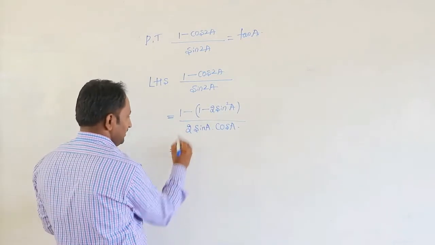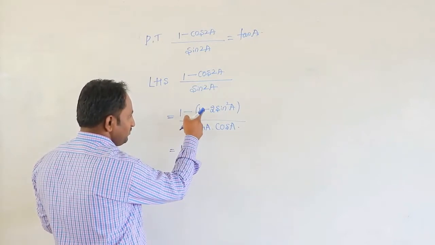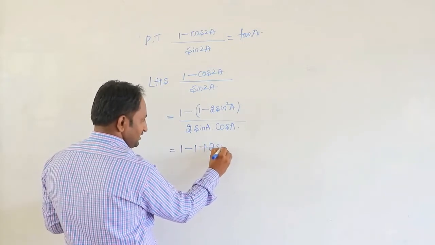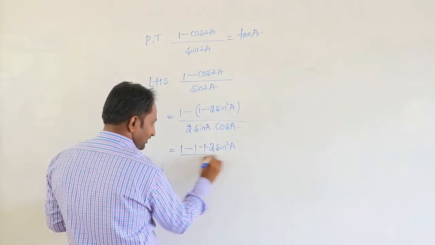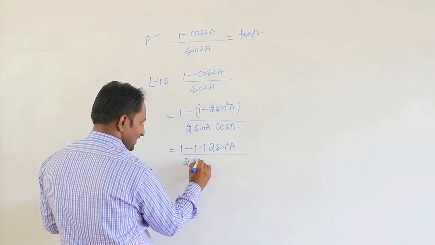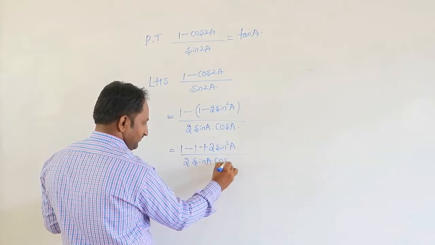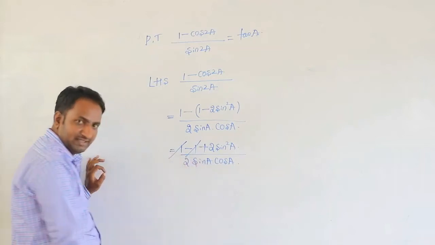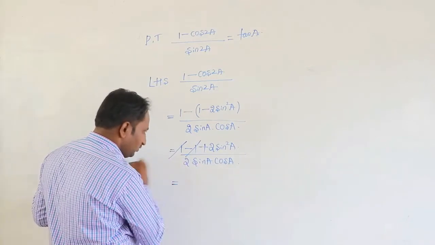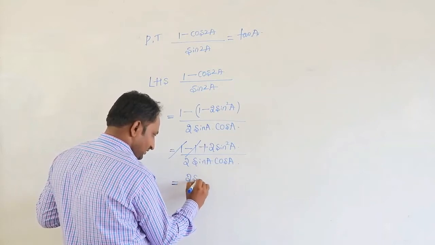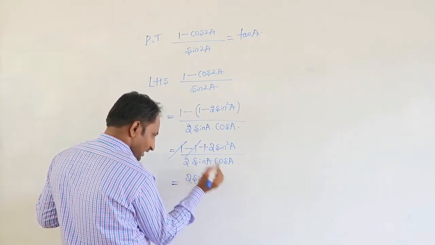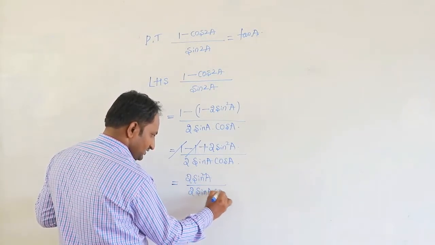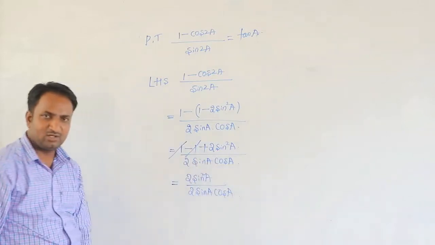That implies here 1 minus, minus into plus, 2 sin square a divided by 2 sin a cos a, plus 1 minus 1 get cancelled, then that is equal to 2 sin square a divided by 2 sin a cos a.